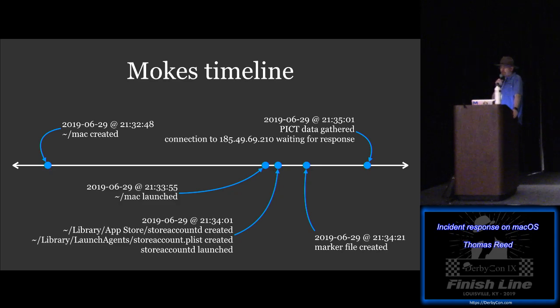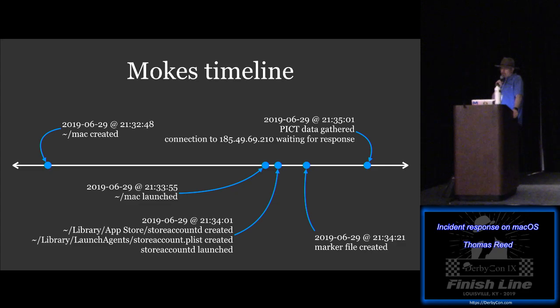And so we can reconstruct the timeline here. We see that the initial dropper was created on the system. We can see what time it was launched, just a little more than a minute later. In the real world, that probably wouldn't have been a minute. That minute was how long it took me between copying the file in place and launching it. And then just seconds later, we see that it had created storeaccountd and the launch agent plist file.